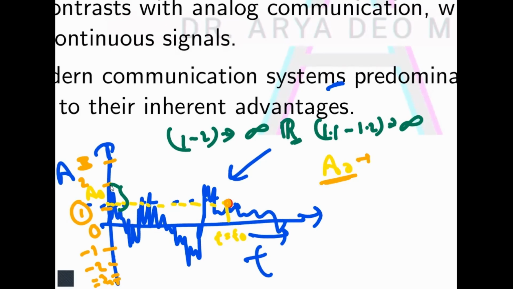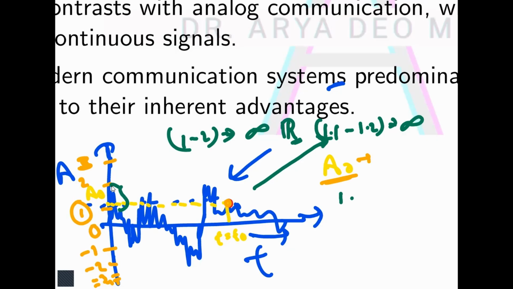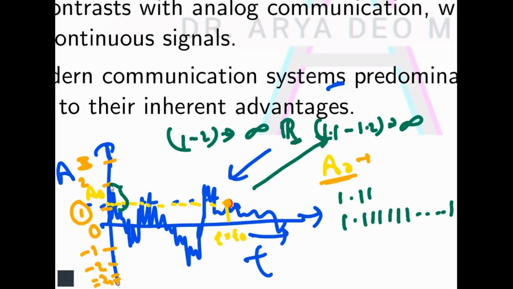Just give me a number between 1.1 and 1.2. Okay, 1.11 is between 1.1 and 1.2. Another number, 1.111111. That is also between 1.1 and 1.2.